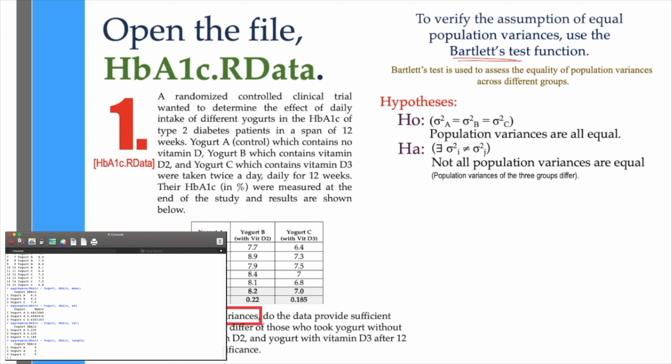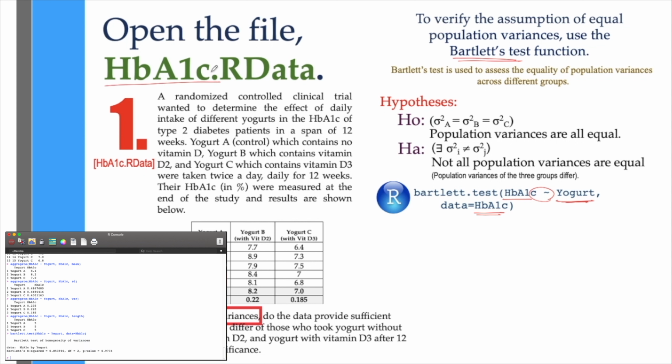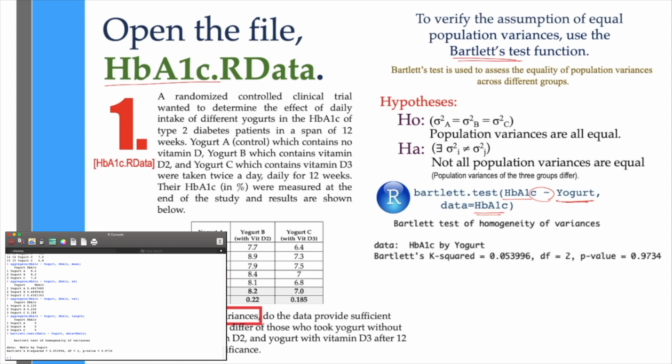So we may do that using bartlett.test, and then the two essential columns we have, hba1c, then tilde, and then yogurt. Then data equals hba1c. And then doing that, we're going to have a result in which the p-value is greater than 0.05.